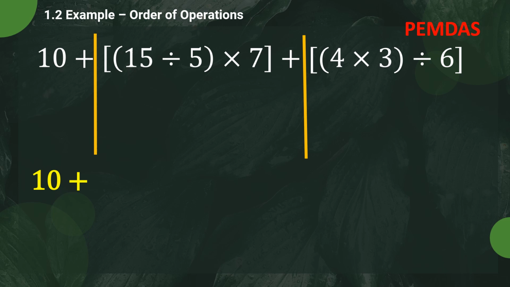All right, now I'm just going to concentrate on this middle section right here. So now I'm going to look at PEMDAS, and I'm going to look at order of operations here. So the first thing is I'm going to look for parentheses. Now, parentheses, I see this big set of parentheses, the brackets. Once you do that, you start all over again. So I'm going to go back and start all over again.